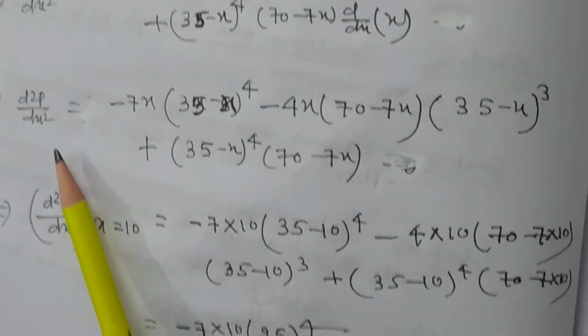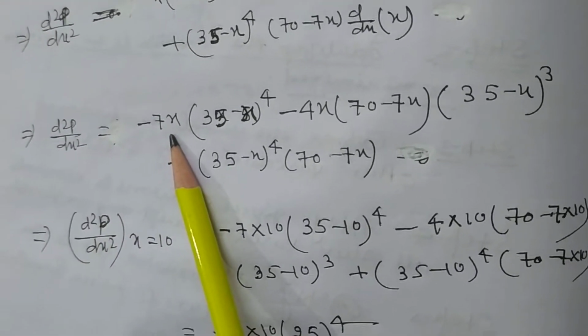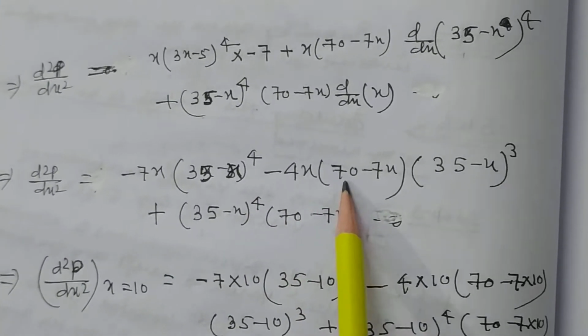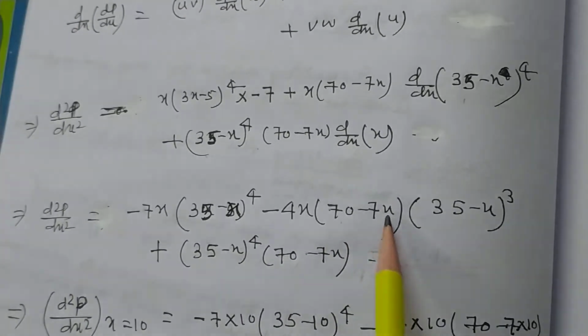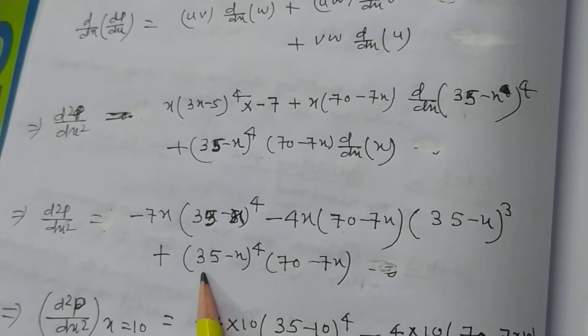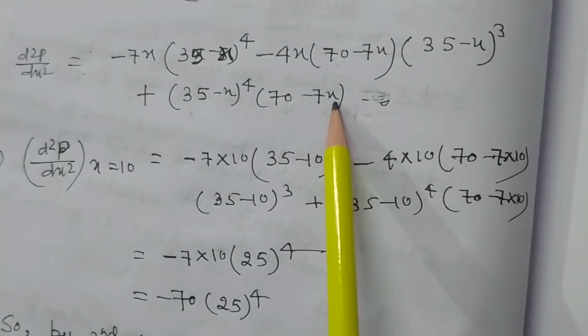So my dear students, it will be d2p by dx square equals minus 7x(35 minus x)^4 minus 4x(70 minus 7x) into (35 minus x) whole cube plus (35 minus x)^4 into 70 minus 7x.